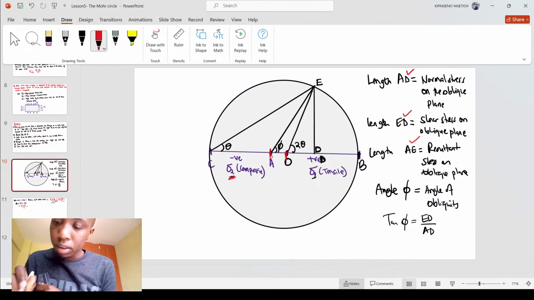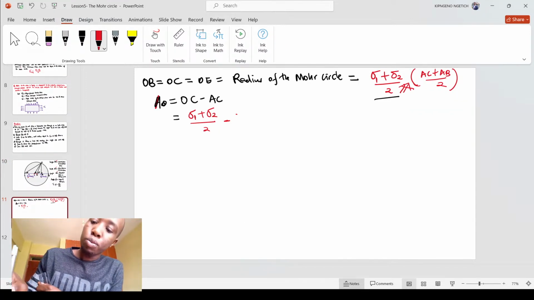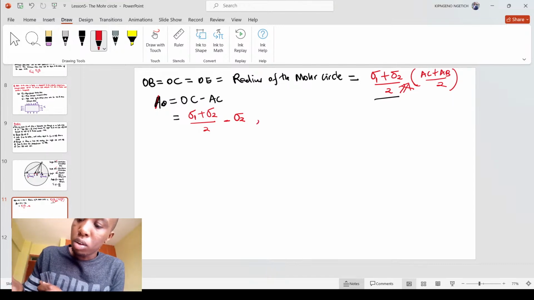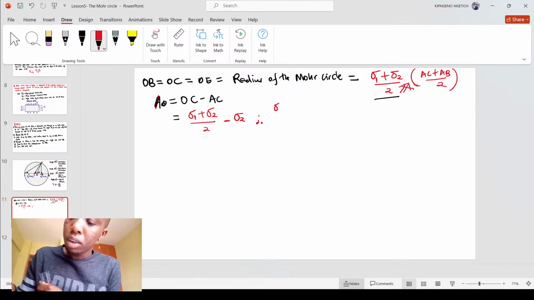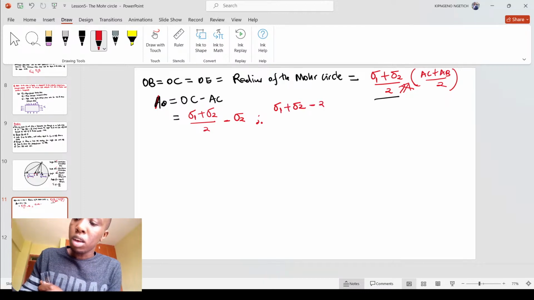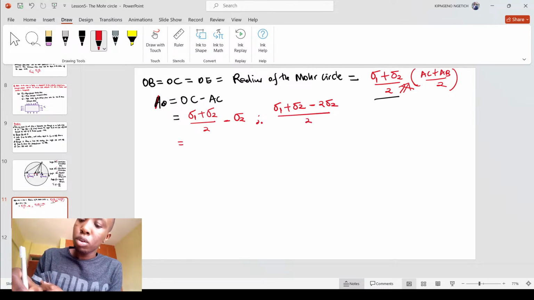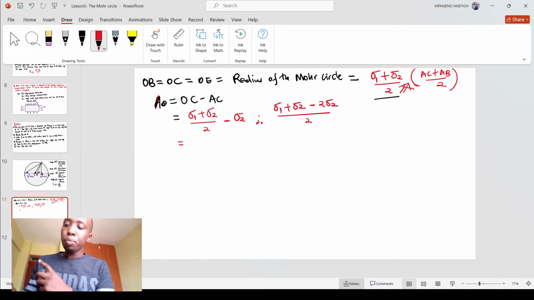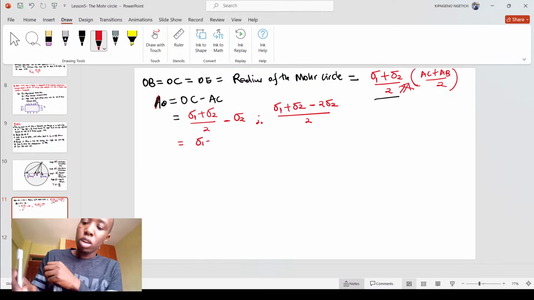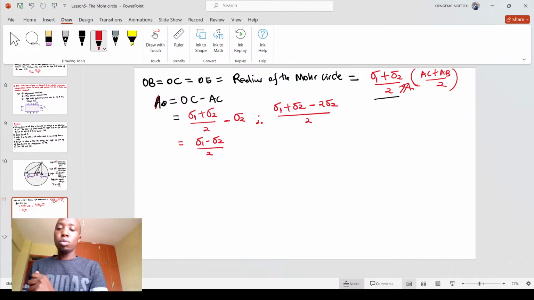Our AC is stress 2. So this can also be interpreted as stress 1 plus stress 2 minus 2 stress 2 over 2, which can be given by stress 1 minus stress 2 over 2.